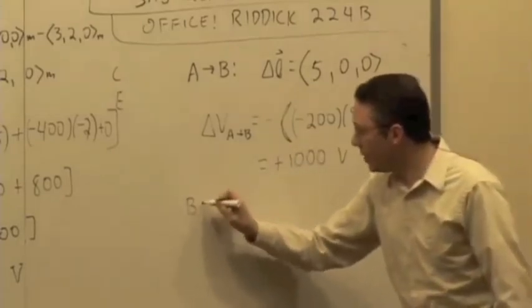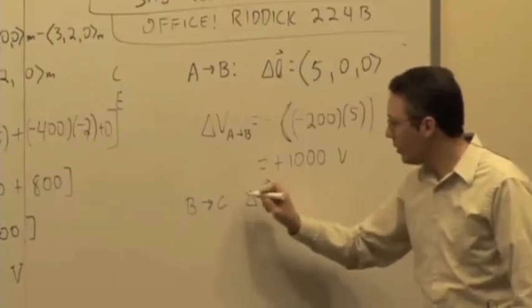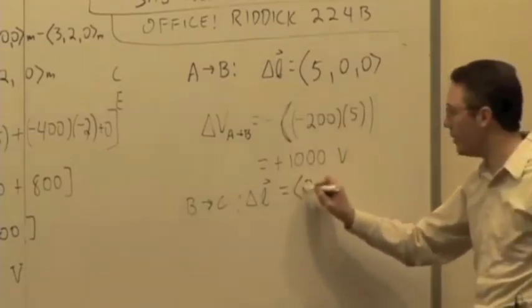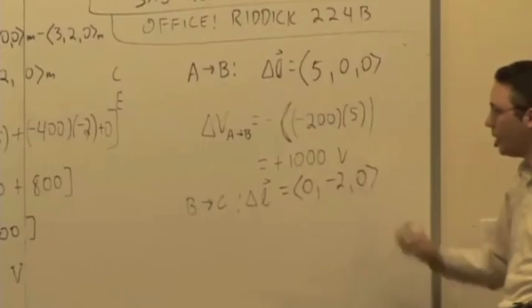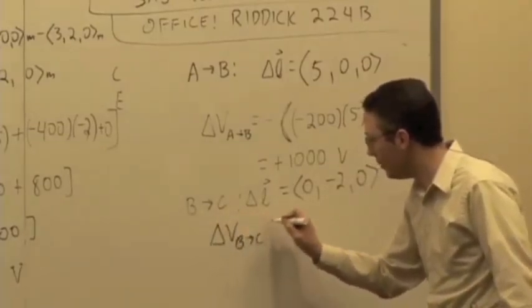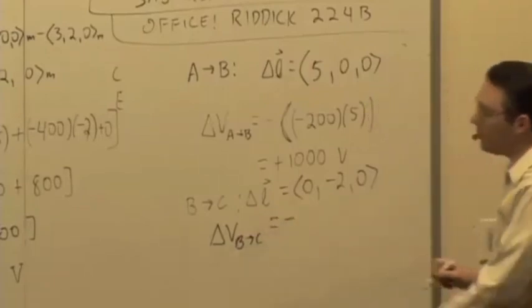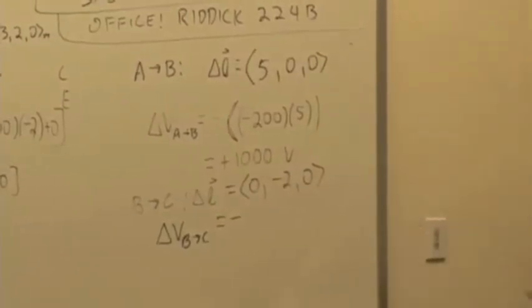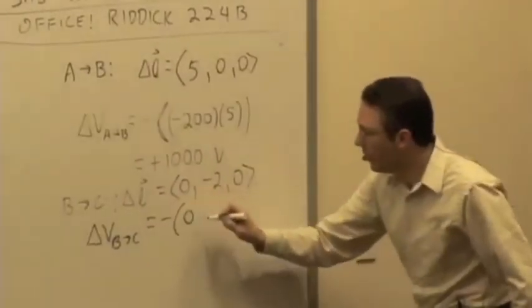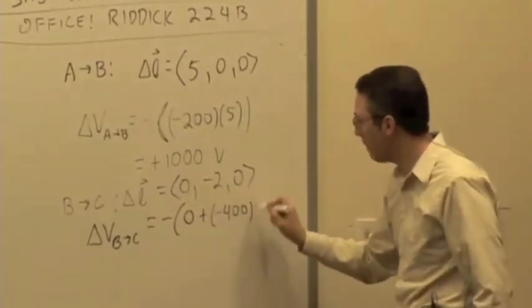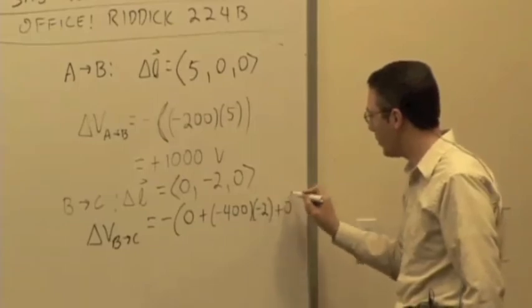But if I go from B to C, what's delta L for that path? What's the x component? 0. Y component is negative 2, 0. Field is the same. So when we go from B to C now, we have negative of, well, is the negative 200 going to contribute at all here? Negative 200 times 0 gives me 0, plus negative 400 times negative 2, plus 0.